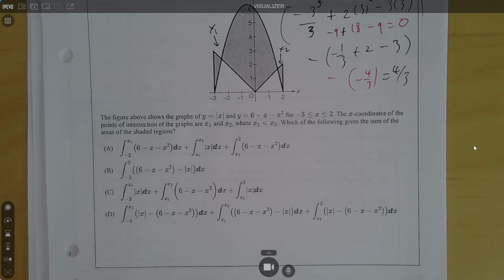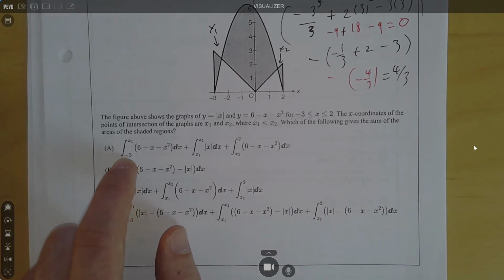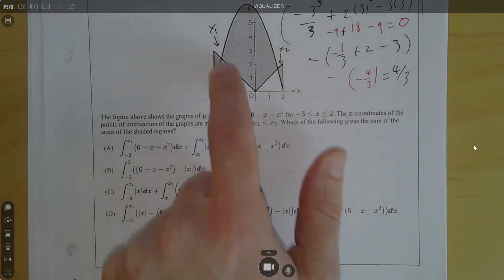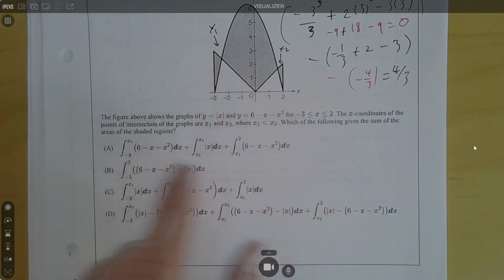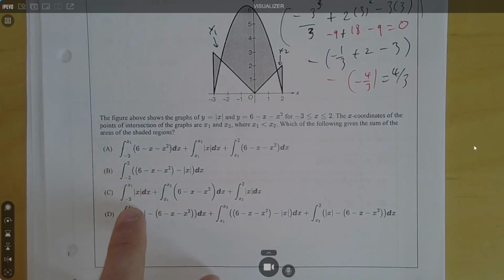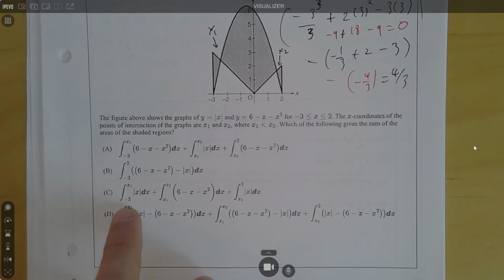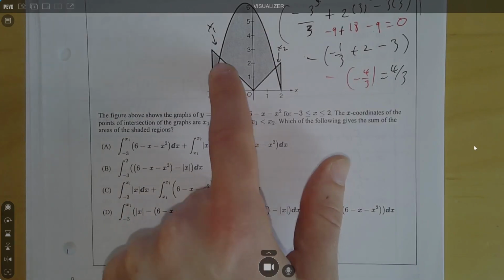So if we look at the first one, well, this is wrong, because from negative 3 to x1, I have to do top minus bottom. So it should be absolute value of x minus the other function. So it's just straight up wrong. This is also wrong because it's got stuff between it.